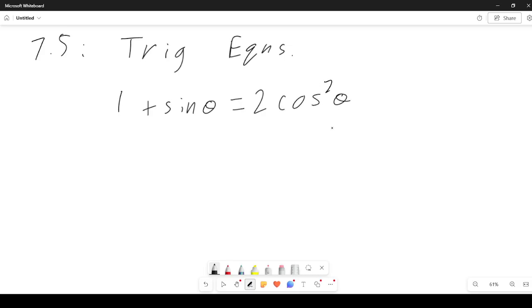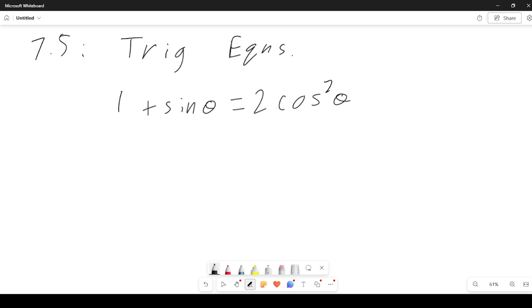1 plus sine theta equals 2 cosine squared theta. Now the problem is we've got both a cosine and a sine. So we should be able to use our favorite identity to get rid of those cosines.